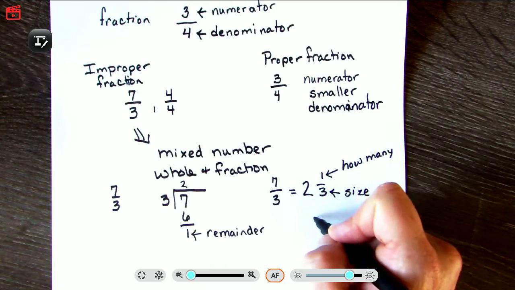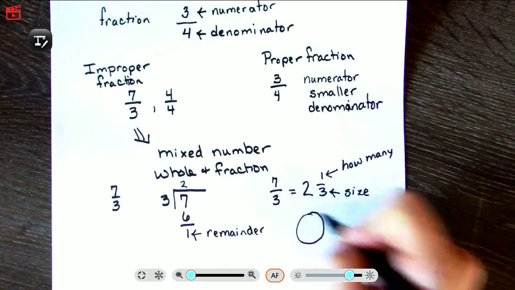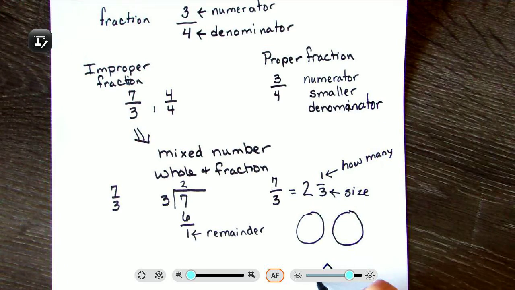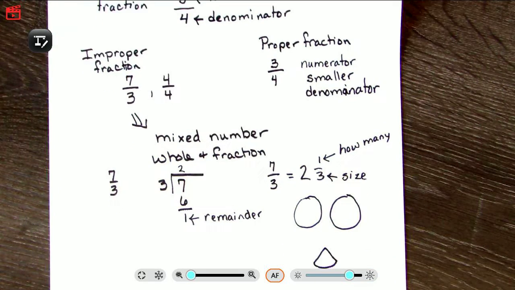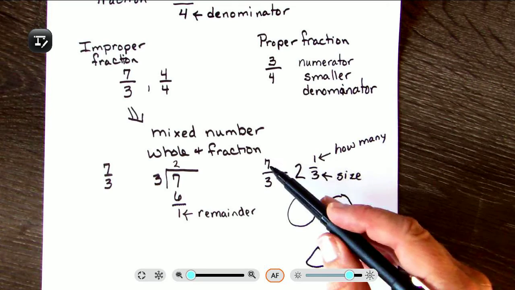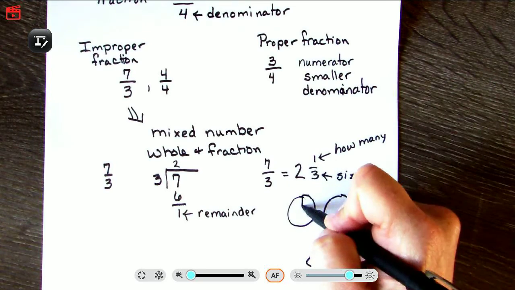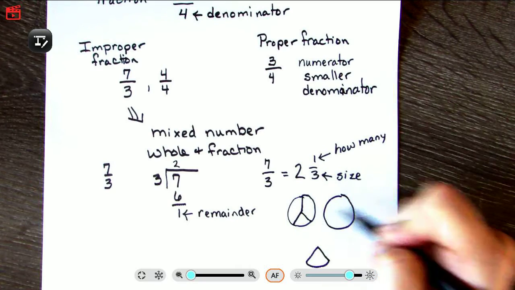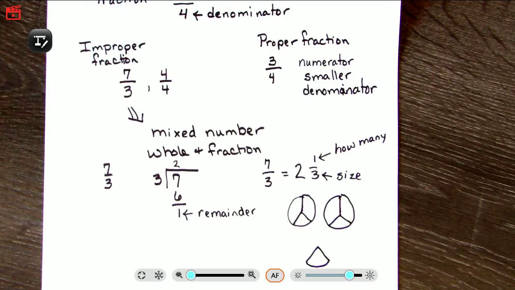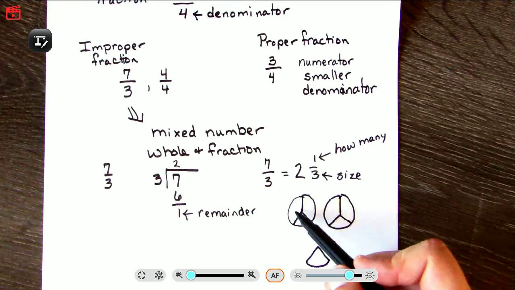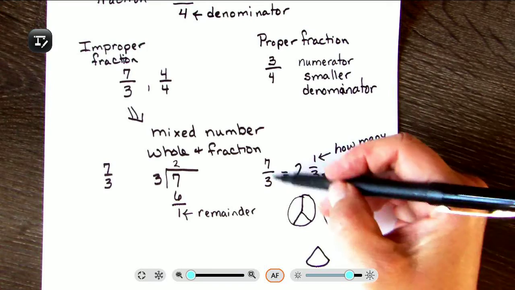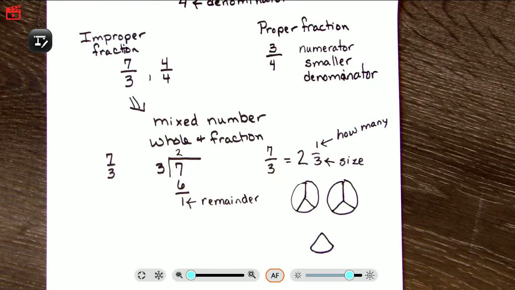So here we could have referred to this as 2 wholes and then 1/3 of another one. Okay, to see our 7/3, we can divide these 2 into whole pieces, divided into our third. So I have 1, 2, 3, 4, 5, 6, 7 pieces, each of them 1/3 of the whole.